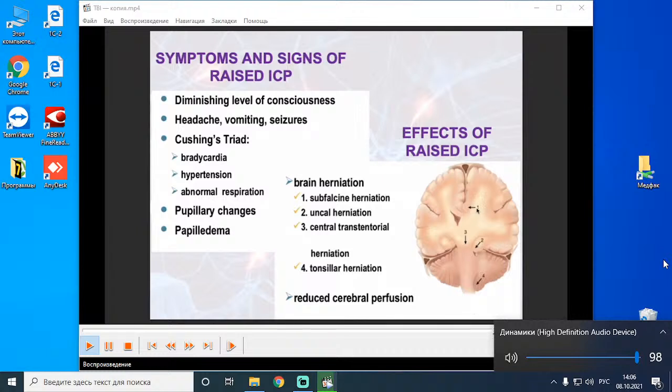Here you can see subfalcine herniation, uncal herniation, and central transtentorial herniation.